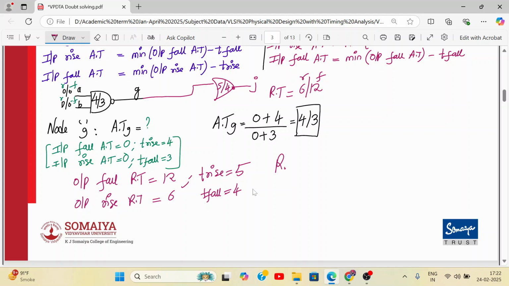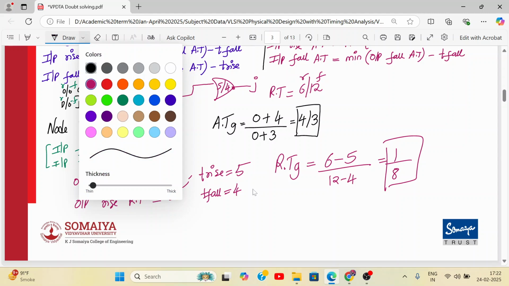So what will be the return time at node G? It will be output rise return time minus T rise upon output fall return time minus T fall, because it is a non-inverting gate. So it will be 6 minus 5 upon 12 minus 4. It will be 1 by 8. That will be the return time at node G.